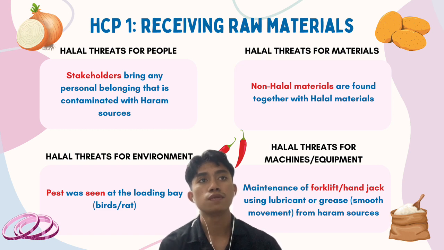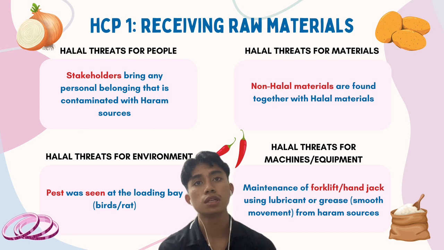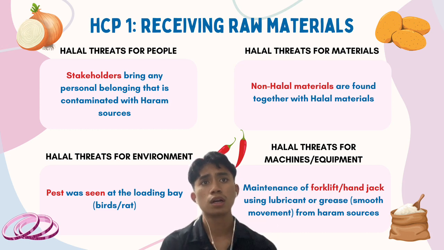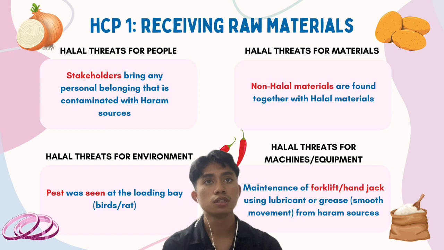So receiving raw material has halal threats for people, which is stakeholders bringing any personal belongings that are contaminated with haram sources. Other than that, halal threats for material, where non-halal materials are found together with halal material.